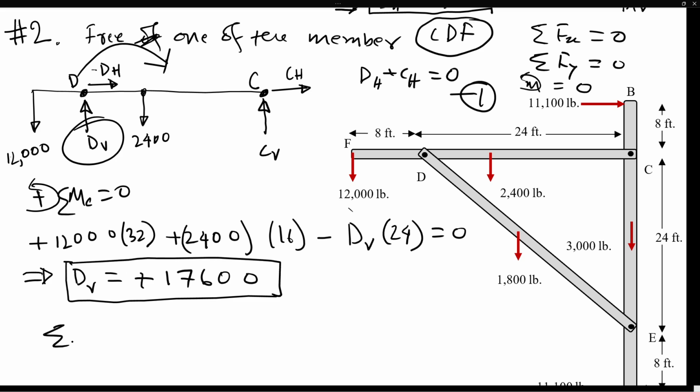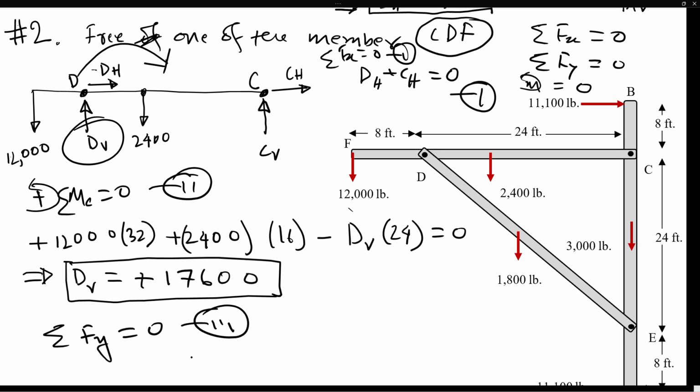Now, if you apply our next equation, summation of Fy is equal to 0. So this was our summation of Fx equal to 0, equation number 1. This is our equation number 2. This is our equation number 3. So then if we do Fy, summation of all forces, then the 12,000 acting downward is negative.